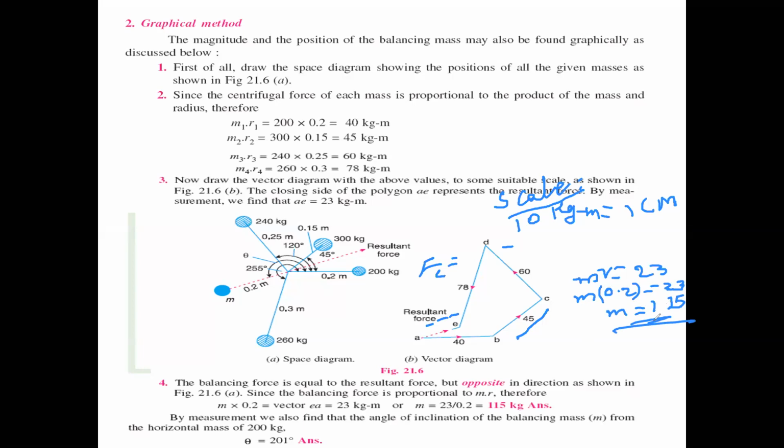And the direction already comes in our vector diagram. For this direction, you take the parallel line: set up the drafter to this line and draw the parallel line in our space diagram. That is our direction.